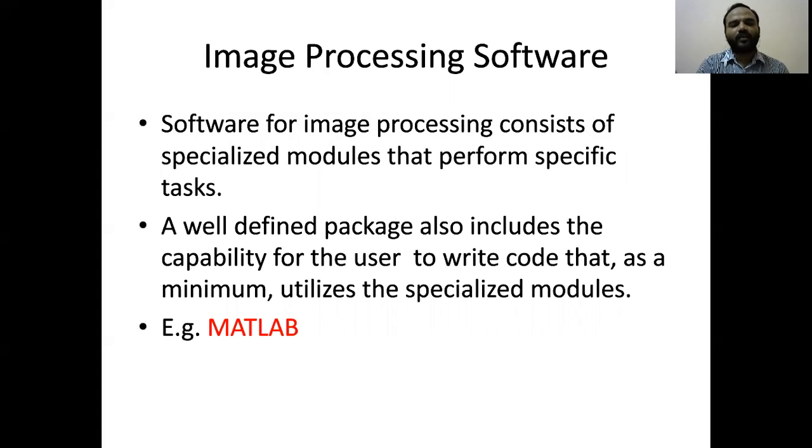Image processing software is specialized software that will process the data from the image processing hardware. This software is used to perform analysis at a very deep level. For example, we can use MATLAB.